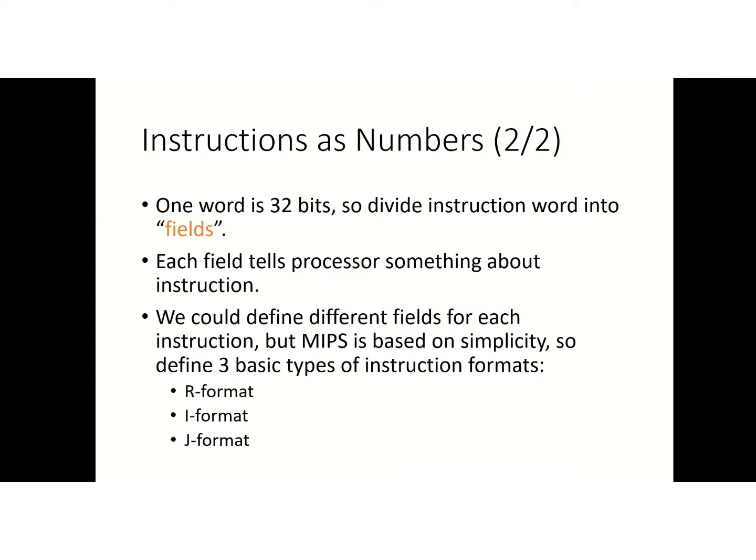One word is 32 bits, so we divide that instruction into fields. Each field tells the processor something about the instruction. We could define different fields for each instruction, but MIPS is based on simplicity, so they define three basic types of instruction format in MIPS: R format, I format, and J format.